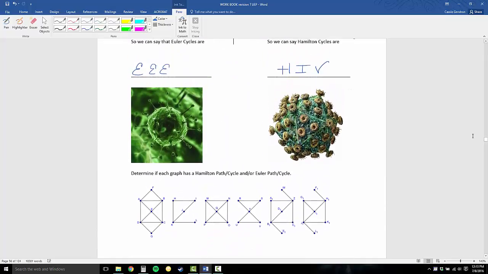So now we want to determine if each graph has a Hamilton path or an Euler cycle. Now we already know really easily how to find Euler cycles and Euler paths. Here we know we have an Euler cycle. Here we have an Euler path.